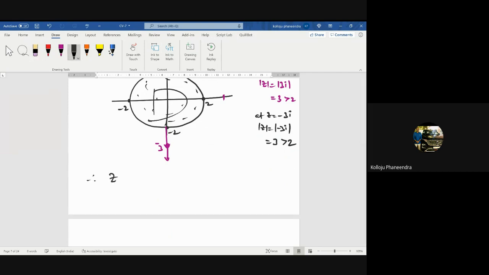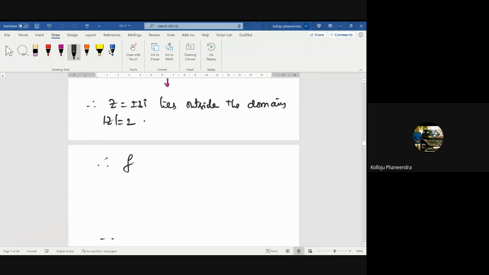Therefore, z equal to plus or minus 3i lies outside the domain mod z equal to 2. Therefore, f of z is analytic everywhere in mod z equal to 2.